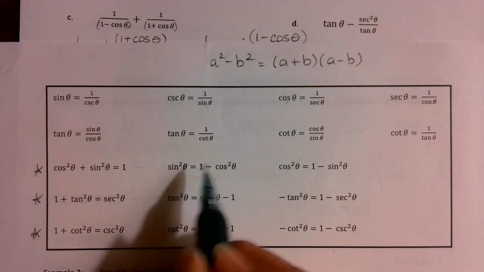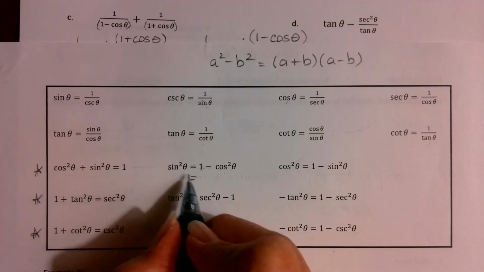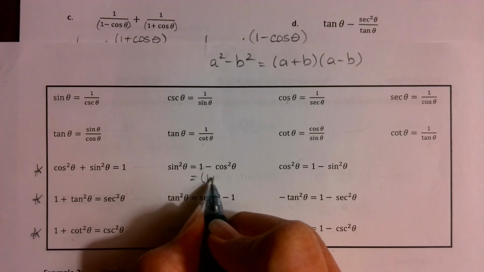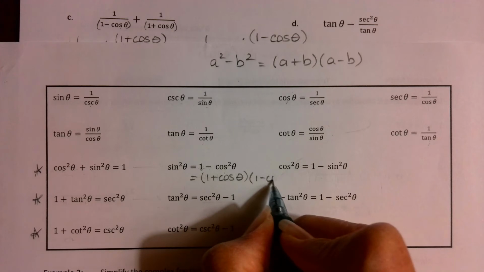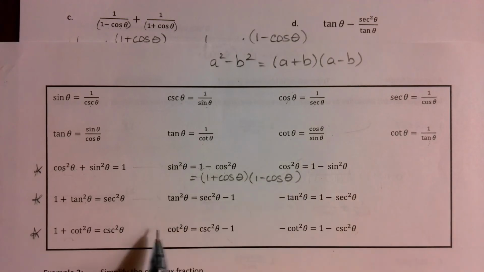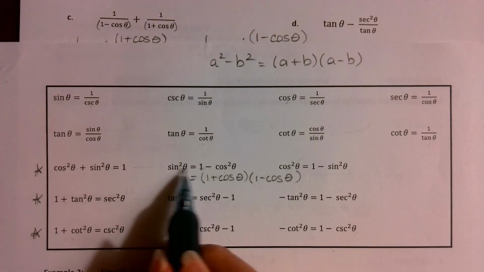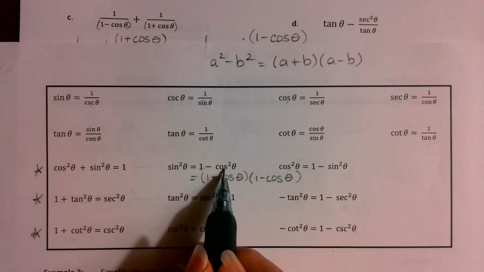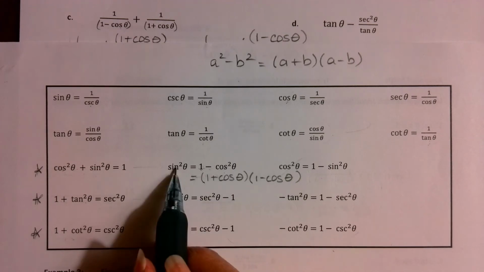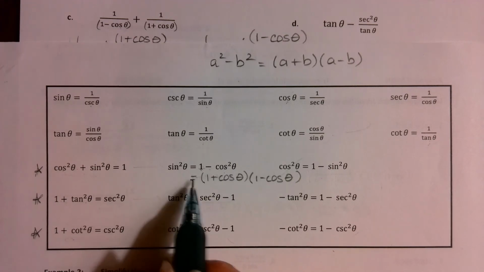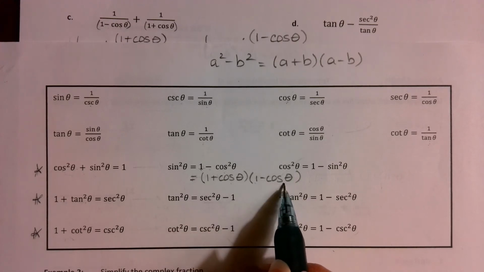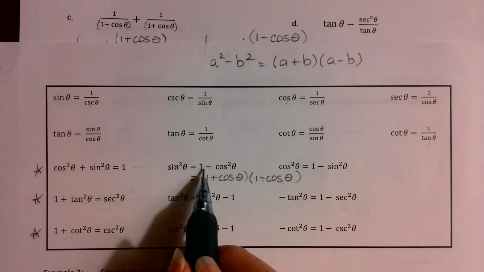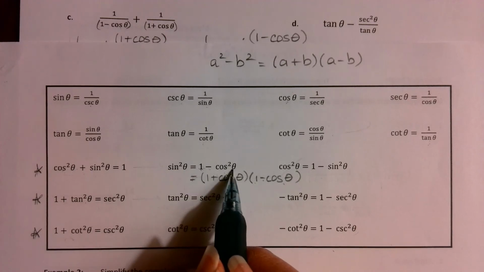Okay? So using that difference of squares formula, we know right here, these are subtracting, and they're both difference of squares, so I can rewrite sine squared theta as 1 plus cosine theta times 1 minus cosine theta. So sine squared theta is equal to 1 minus cosine squared theta, but sine squared theta is also equal to 1 plus cosine theta times 1 minus cosine theta, because this is just this rewritten, okay?